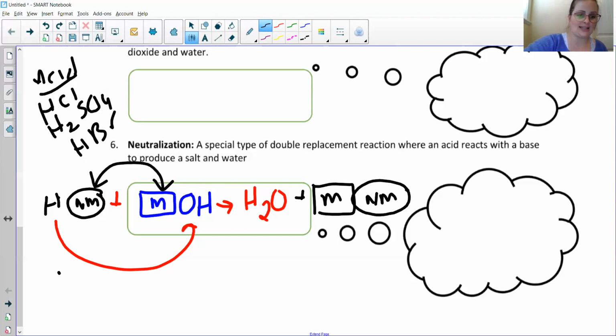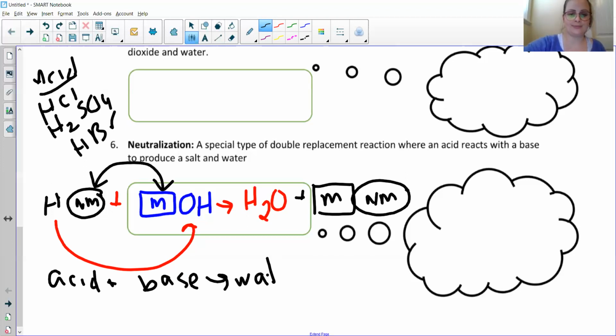So we have an acid plus a base produce water and a salt. So if you can recognize an acid and a base in our reactants, we know the products are going to be the salt produced by the metal and the non-metal and the acid and the base, and it's going to be water.